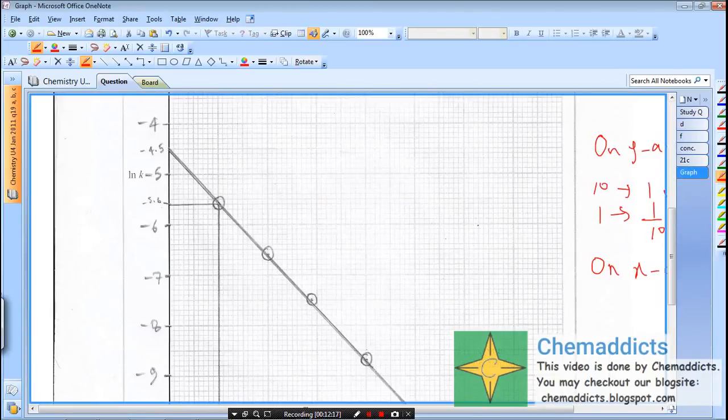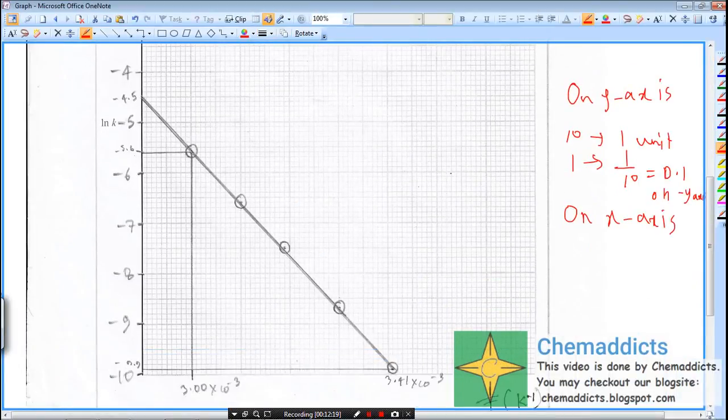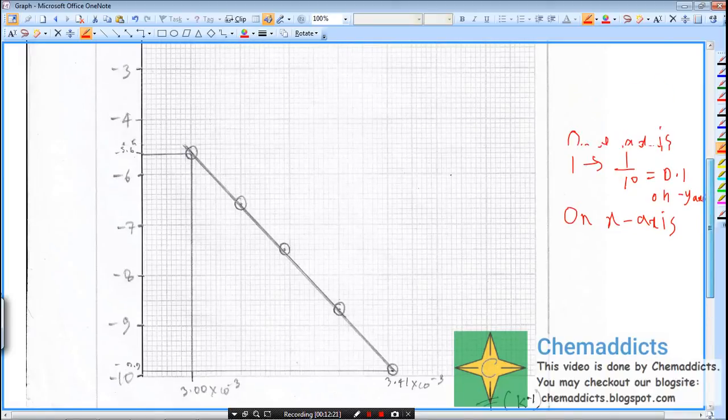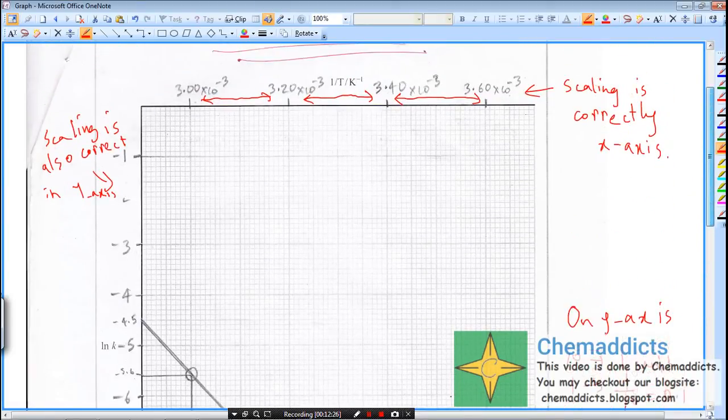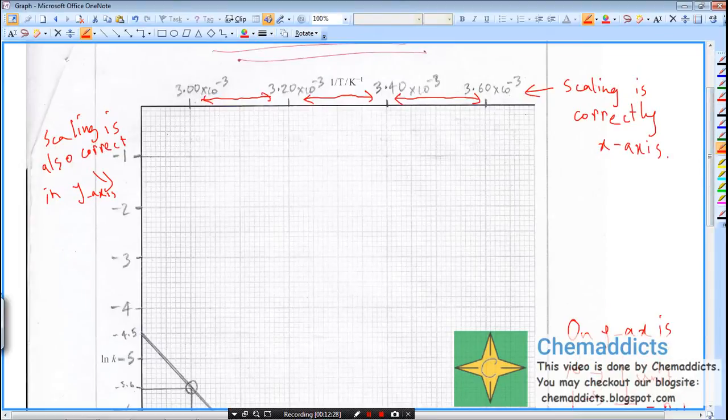Since everything is in 10 to the power minus 3, we are ignoring that, and we are dealing with 3.1.